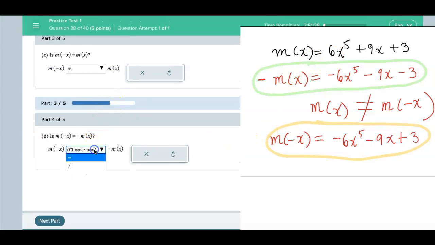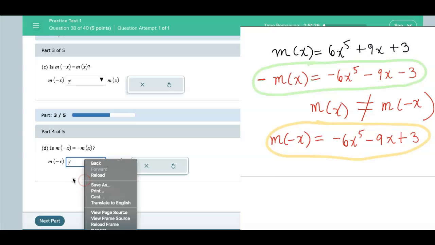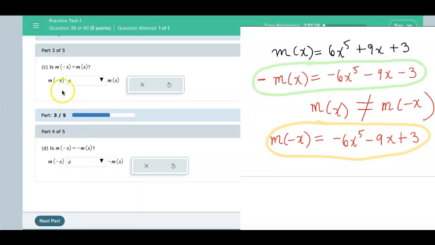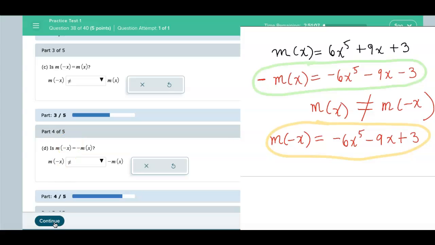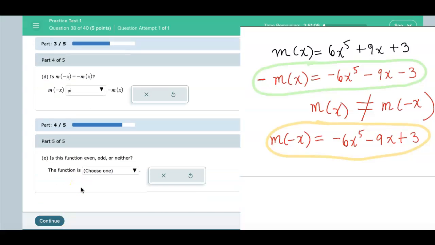So it's not an odd function either. If part C, part 3, was equal, then it's going to be even. If part D was equal, then it was going to be odd. But notice neither is true. So is this function even, odd, or neither? Well, this function is neither.